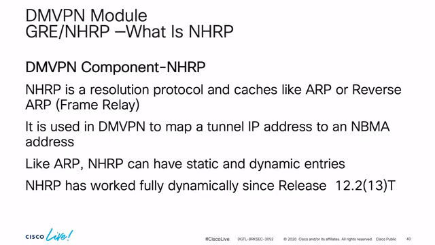It is also a kind of resolution protocol. ARP does an IP address to a MAC address mapping. Similarly, DMVPN uses NHRP to map a tunnel IP address to an NBMA address. Similar to ARP, we can have static and dynamic entries here too.